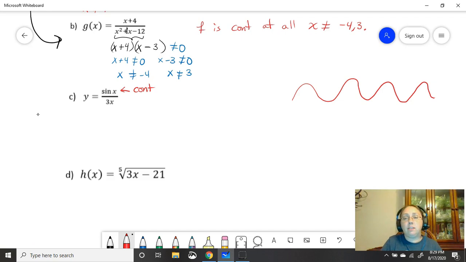Just a reminder that sine and cosine are basically the same, just shifted. The issues when it comes to trig functions would be tangent, secant, cosecant, and cotangent. These all have points where we are discontinuous. So these are not continuous everywhere.